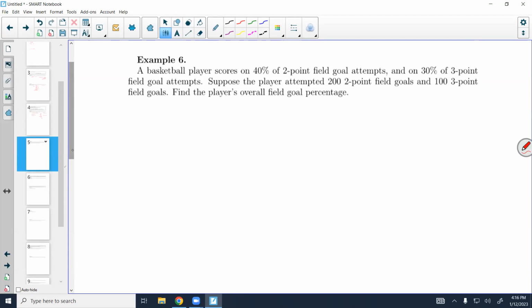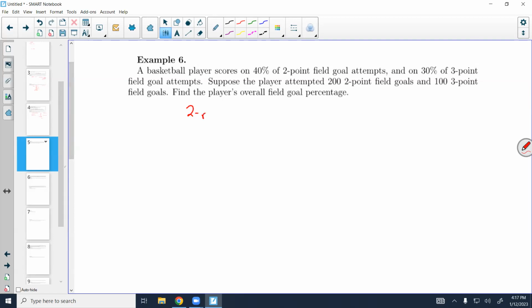A basketball player scores on 40% of 2-point field goals and 30% of 3-point field goal attempts. Suppose the player attempted 200 2-point field goals and 100 3-point field goals. Find the player's overall field goal percentage.